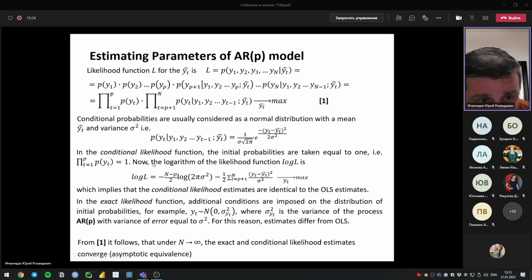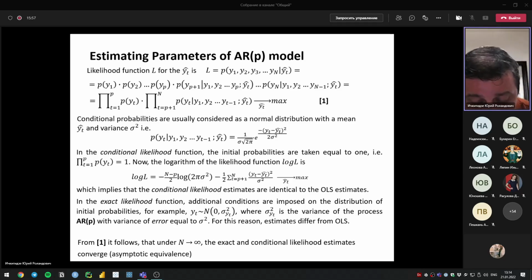Here Y_t is the observed value, this is the average value, and this is our variance. In the conditional likelihood function, these first initial probabilities are taken equal to 1, because we cannot say anything about them: there is no prehistory and we cannot build a model.